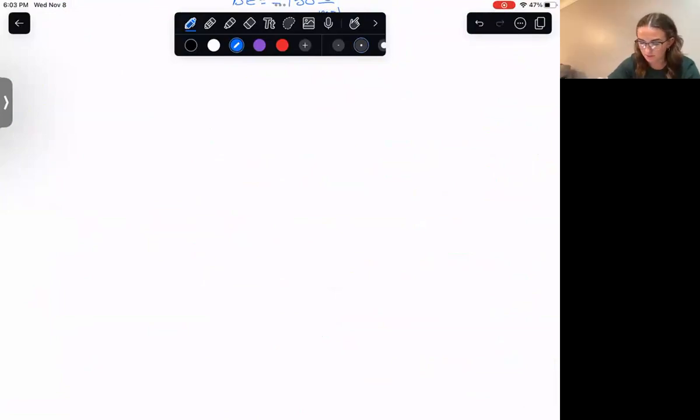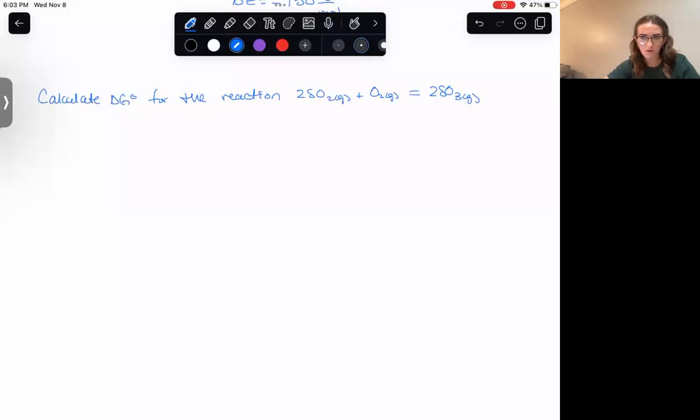Okay, so this is saying calculate delta G naught for the reaction. So we're looking for delta G naught. I do not have appendix 2.